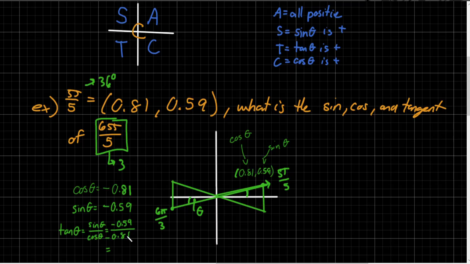Yep, positive what? You might need calculators. Okay, I'll round it. 0.073. So it's the same values, except we're just changing if it's positive or negative given what quadrant we're in.